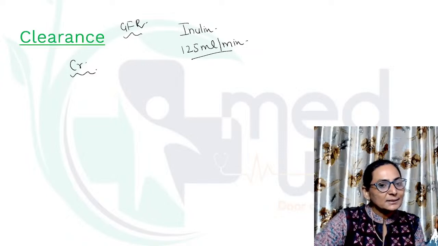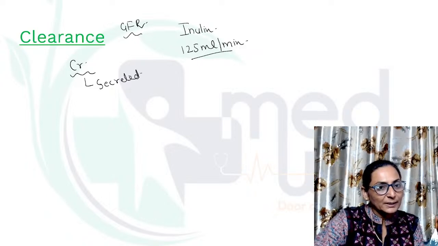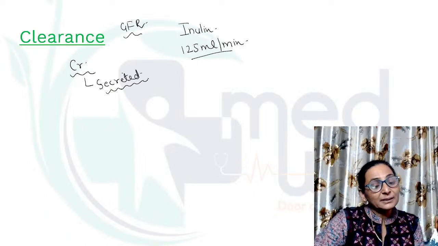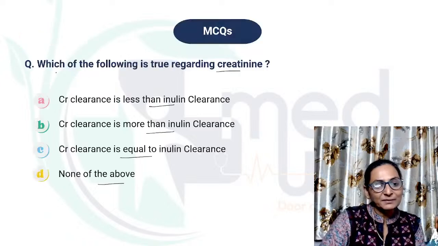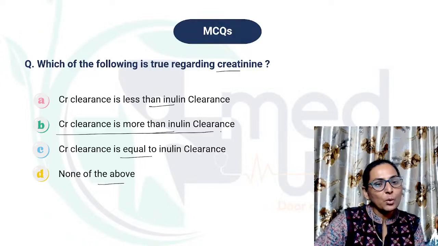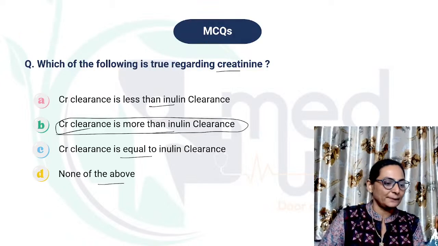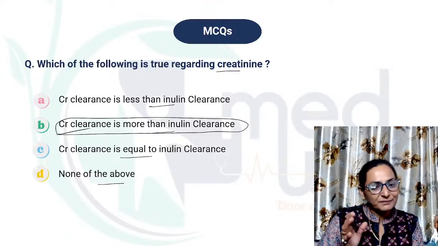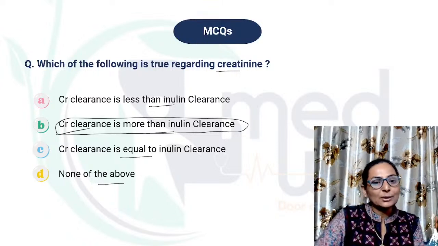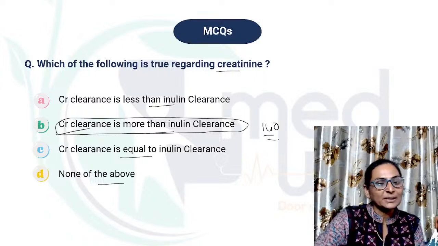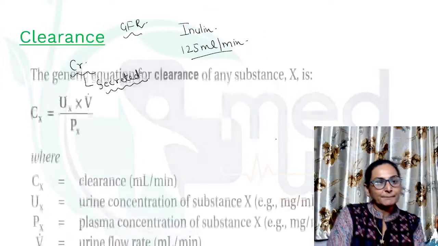However, since a small amount of creatinine is secreted, the clearance of creatinine is always going to be more than that of inulin, which is 140 ml per minute.